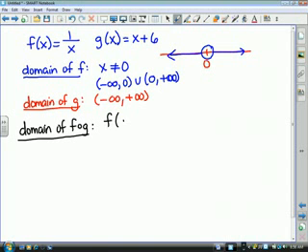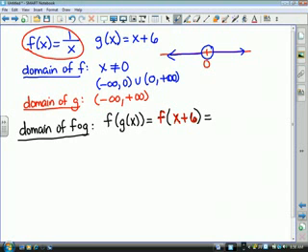So first, I've got to figure f of g of x out, right? So, I'll do f of g of x. G of x is x plus 6. And you're going to substitute x plus 6 into x, but you're going to do it in the f equation, which is this one. 1 over x plus 6.